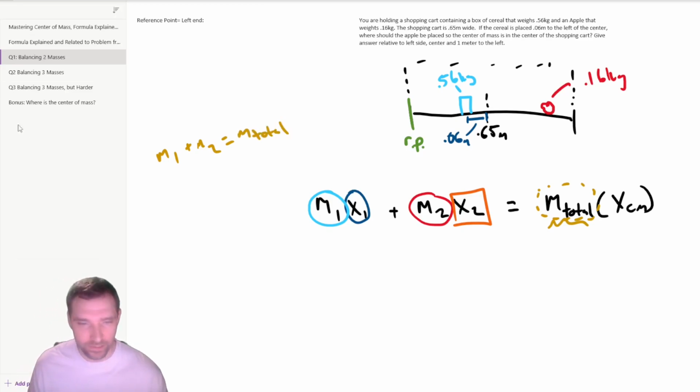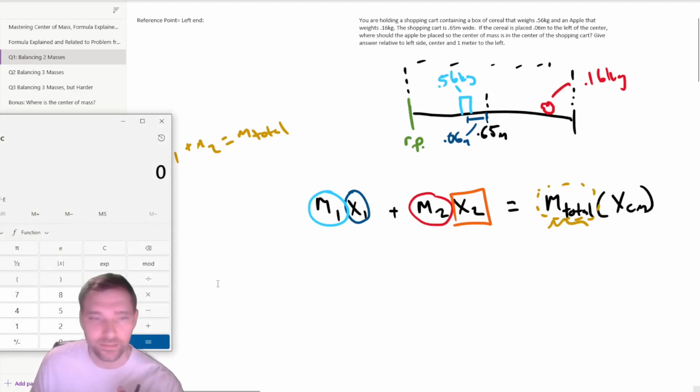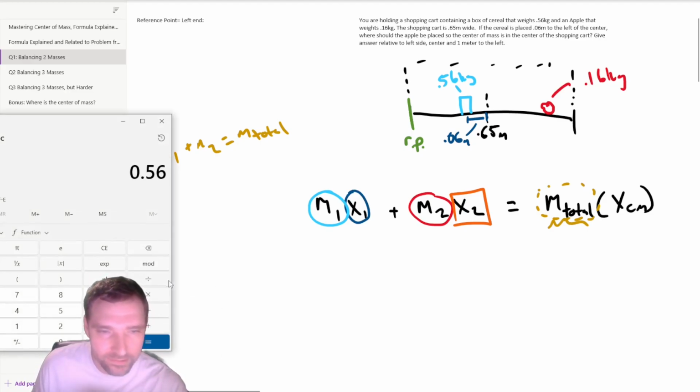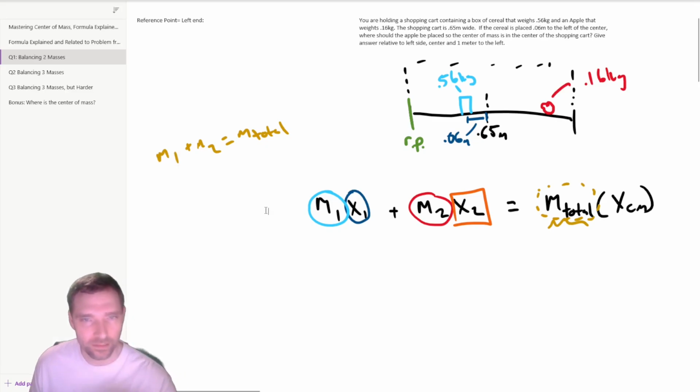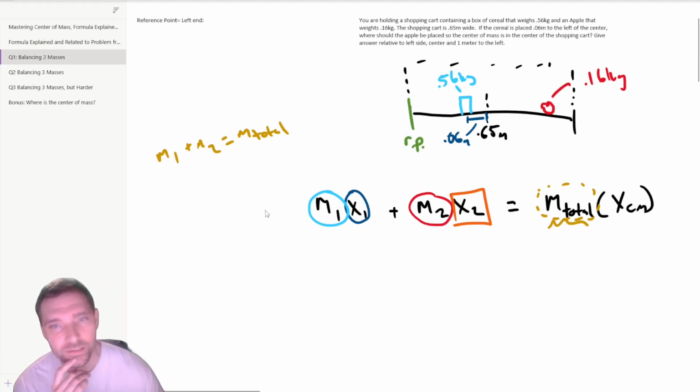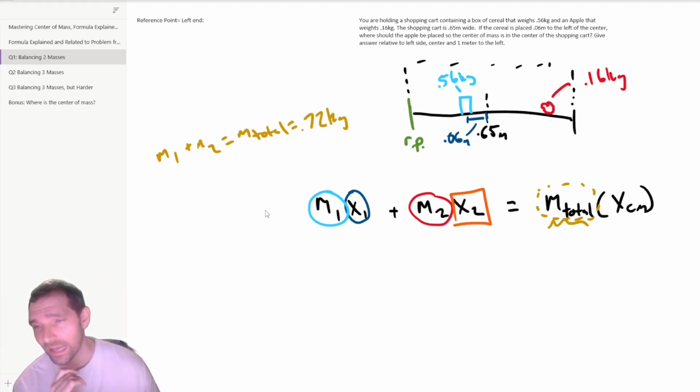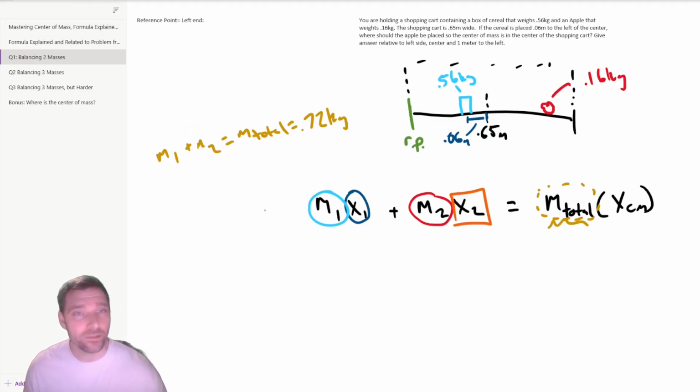So if we do that pretty quick, that should be 0.56 plus the 0.16 kilograms. So our total mass here is 0.72 kilograms. So we do have that. And then we also have a displacement of the center of mass here.